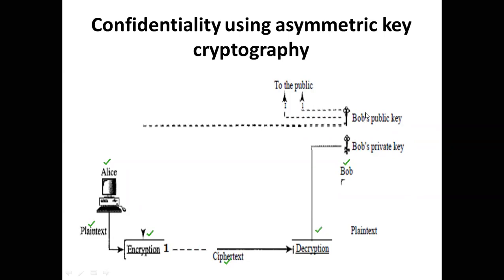He will apply the public key as well as the private key. Only the receiver will know that private key, while the sender knows the public key. So the receiver applies the public key as well as the private key in order to obtain the original text, which is called the plain text.